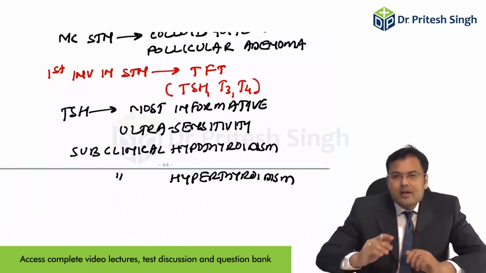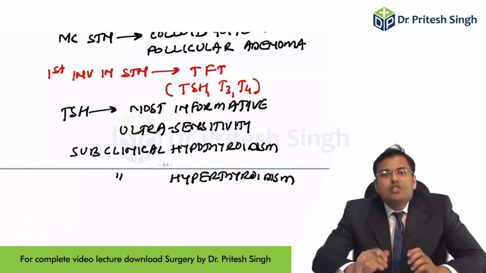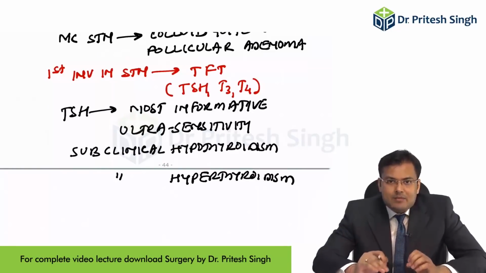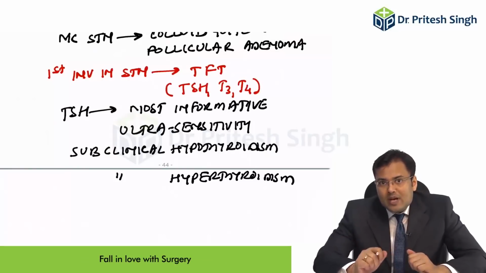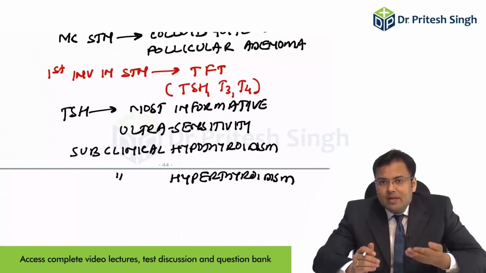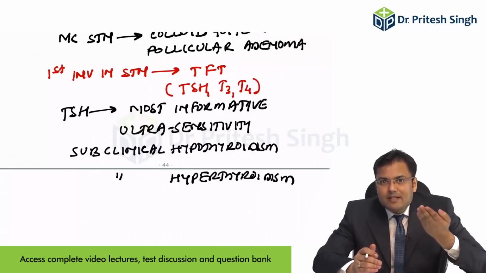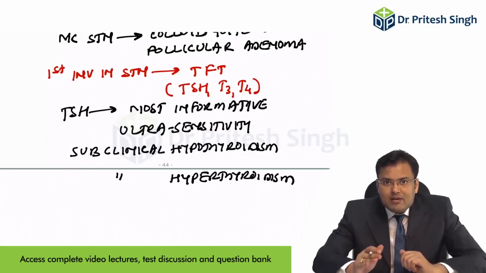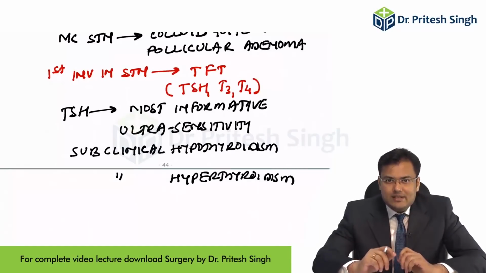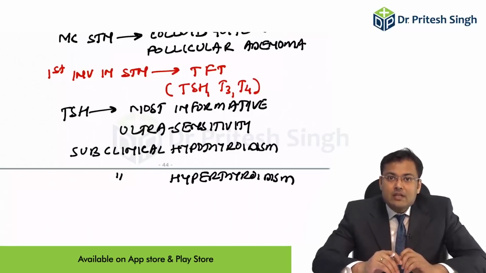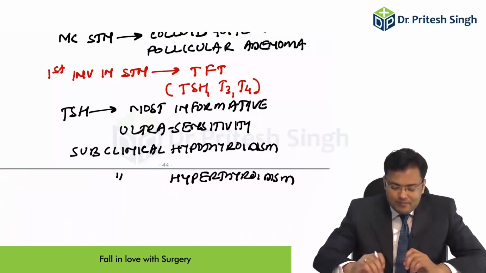What is the meaning? Even if the patient is not having signs and symptoms of hypothyroidism or hyperthyroidism, what happens? In hypothyroidism, there is elevation of TSH, and in hyperthyroidism, there is decrease in level of TSH. So we can diagnose subclinical hypothyroidism and hyperthyroidism.